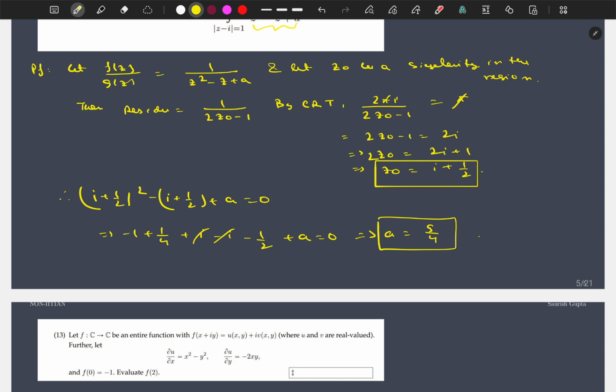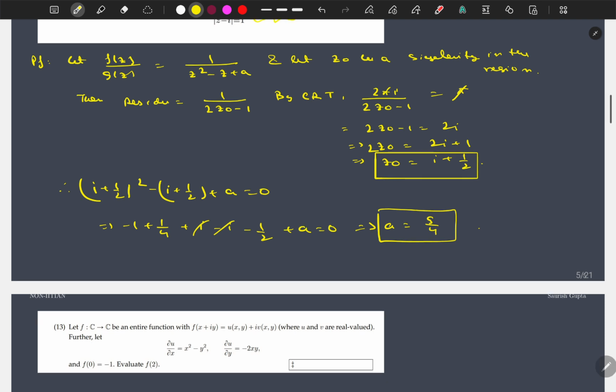So what we started with is we assumed a singularity there, and we calculated what is the possibility for the singularity, and something which you can see is that this is inside the contour, inside the region which we were claiming, right? That was the thing which you need to keep in mind.